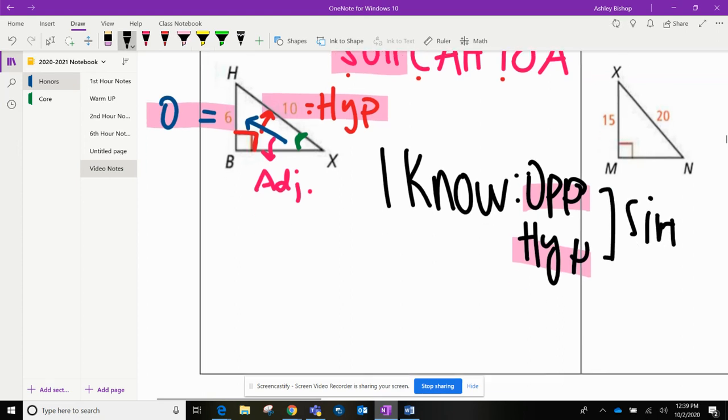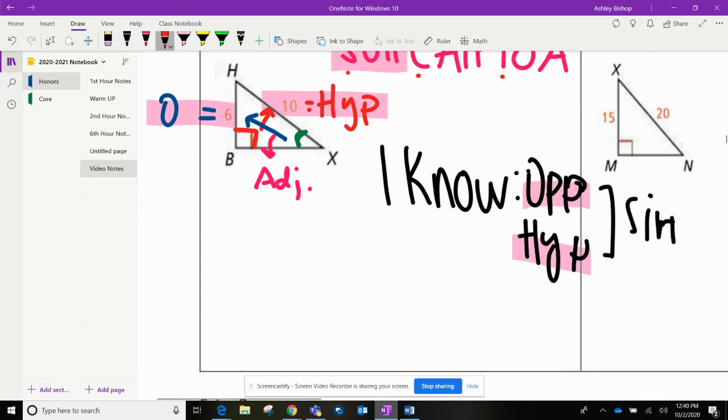And now when I go to write this out like I'm used to, I'm going to have sine. And I am looking for the angle, though. I don't have my angle, so I need to use the inverse sine. I need to use arc sine, so sine to that -1 power. And usually in these parentheses goes my angle, but I do not know my angle. We are solving for the angle.